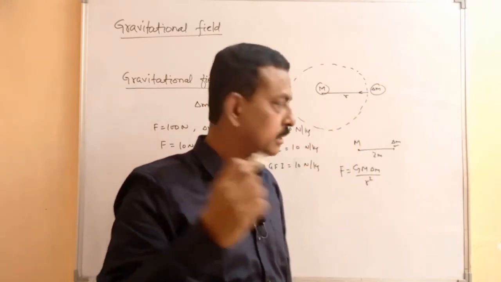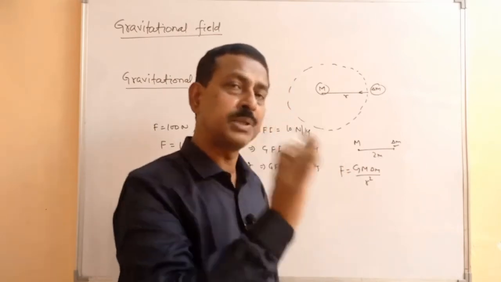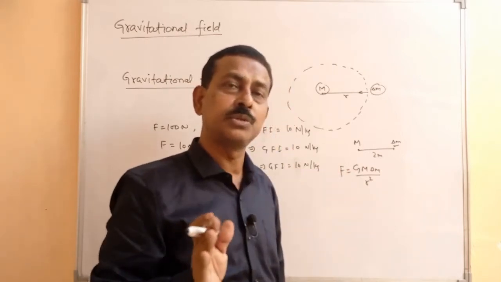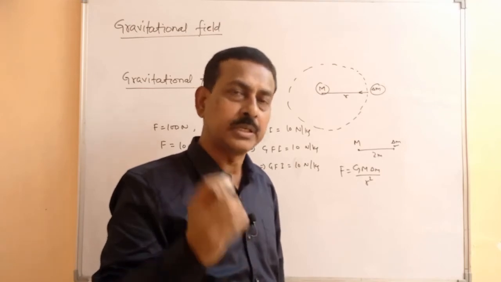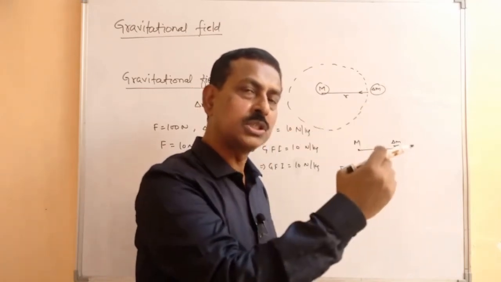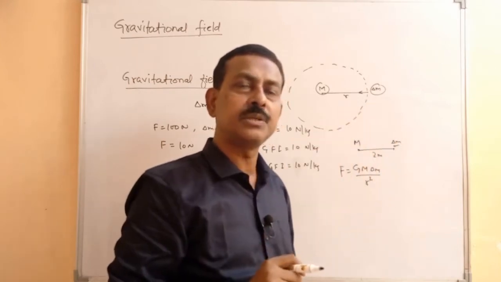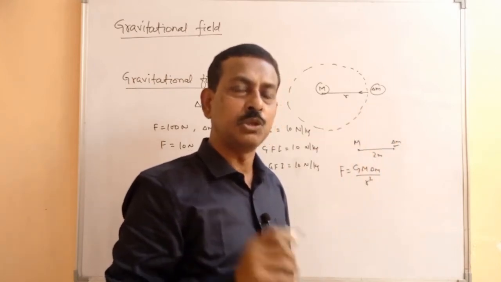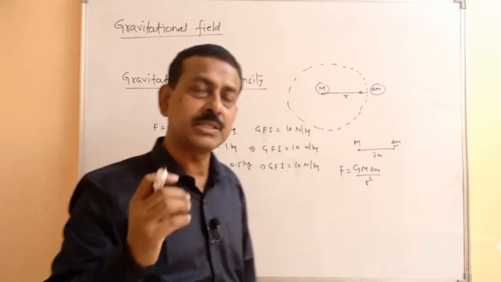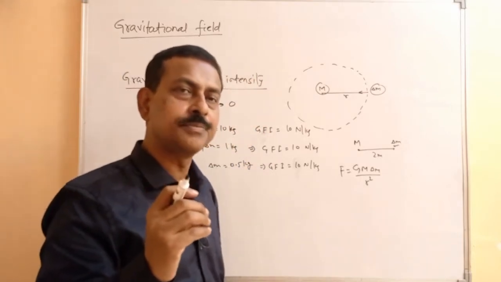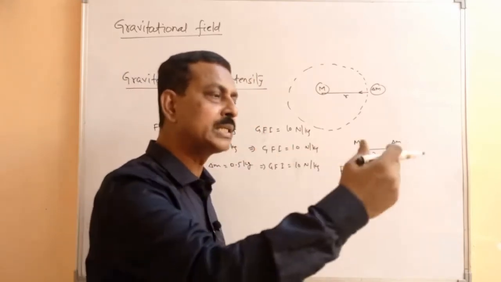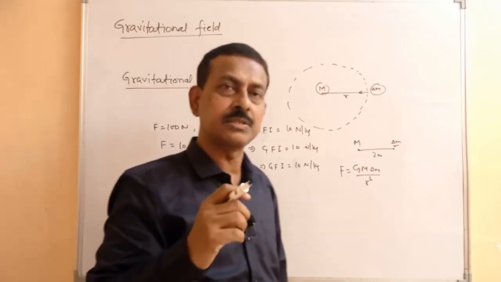So this one and the force will be experienced equal in magnitude by both. So it is possible that the source may get displaced from its original position due to the force which it is experiencing due to this test mass. So it may not be exactly at 2 meter distance.